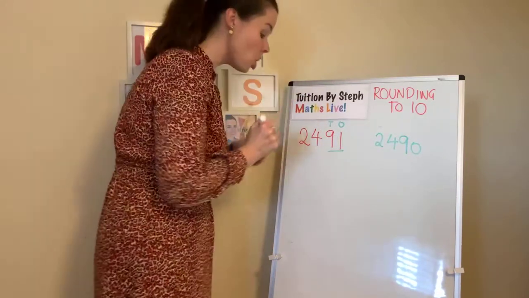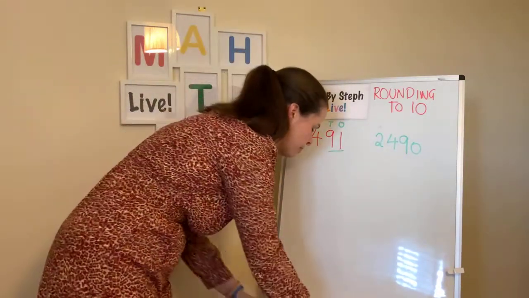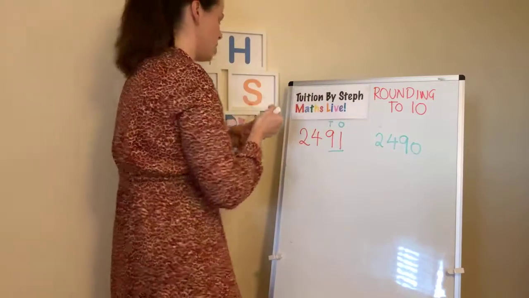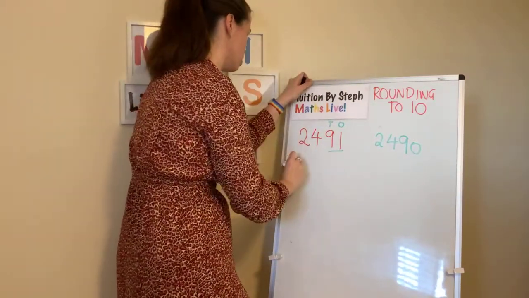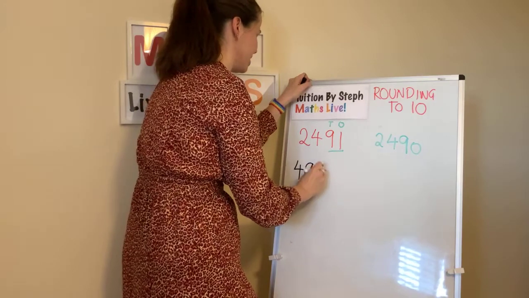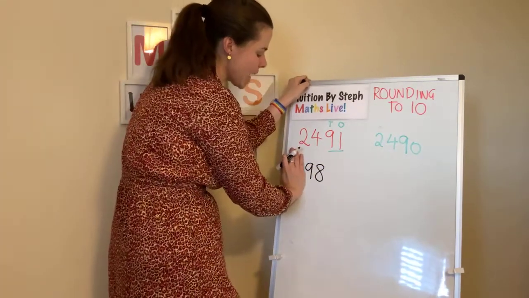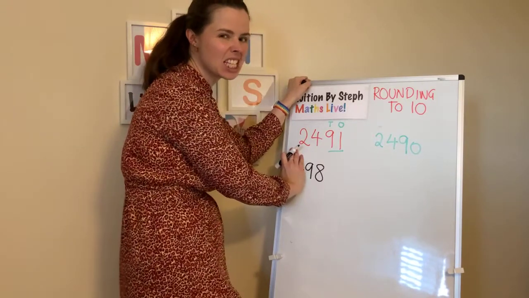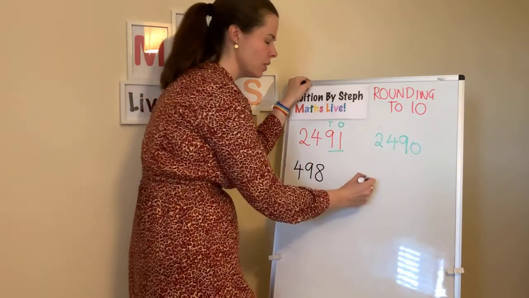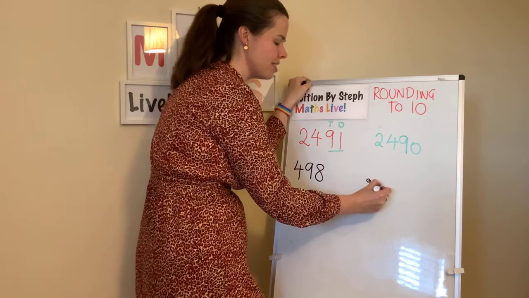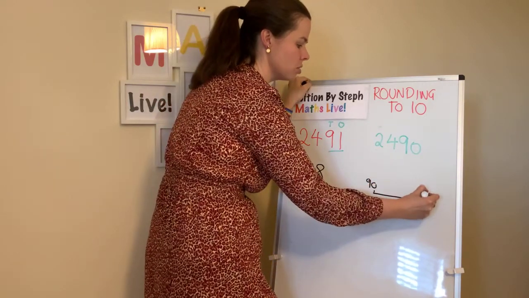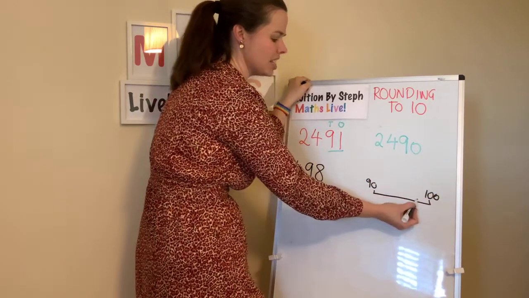There we go. But there is one to be careful of. Because you could be asked what 498 to the nearest 10 is. Okay, so you cover it up. 98. 98 to the nearest 10. Well, if you think about 90, and then the next 10 up is 100. And 98's there.